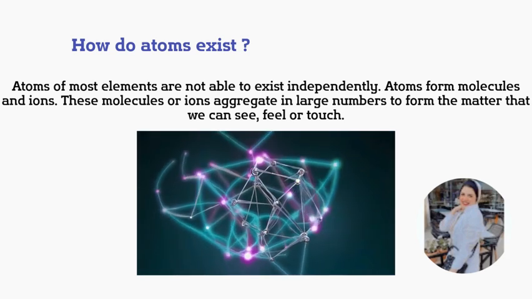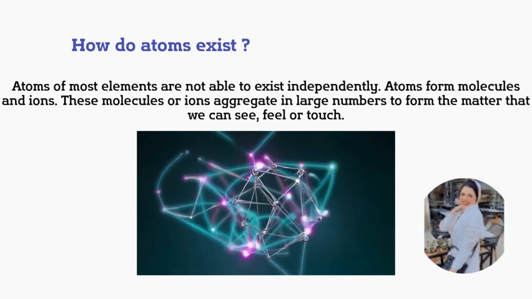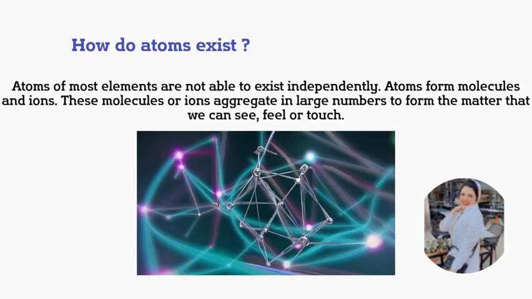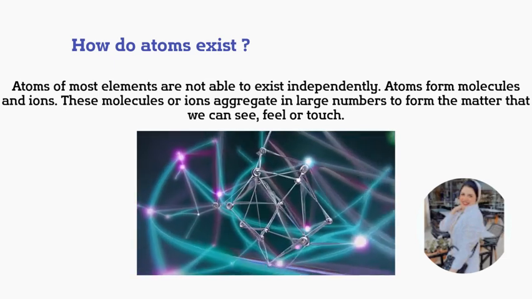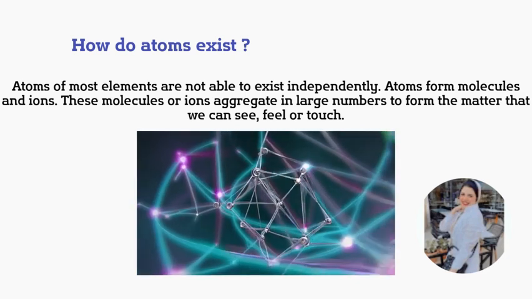So atoms cannot exist independently, or we can't see an atom or a molecule. Yeah, I see H2O? No, you can't see it. Molecules should aggregate together so we can see, we can feel, and we can touch it. Okay.